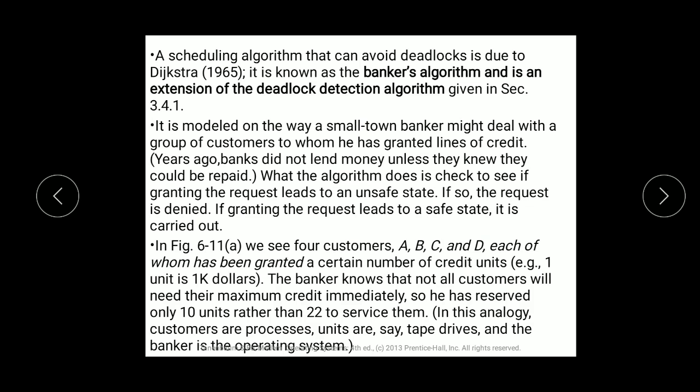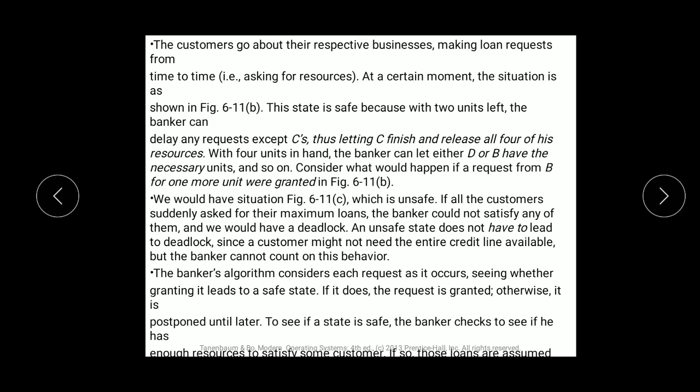In this analogy, customers are processes, units are say tape drives, and banker is the operating system. The customers go about their respective businesses, making loan requests from time to time, that is asking for resources. At a certain moment, the situation is shown in figure 6.11.